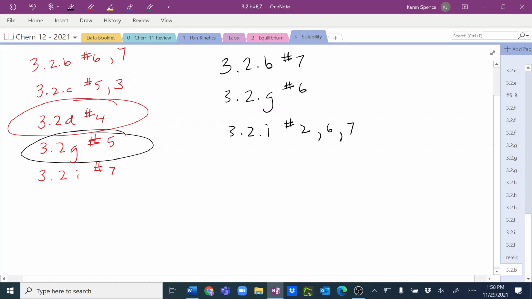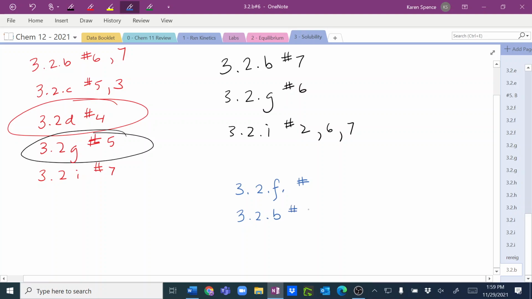So do you have a question where you were like, I don't know how to do this one, or I was confused by this one? 3.2F? Okay, do you want to find it? 3.2B, number 7.